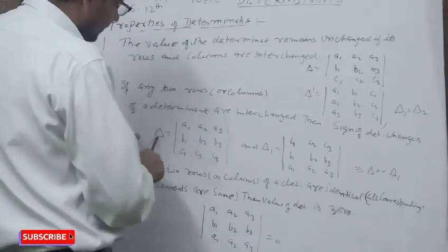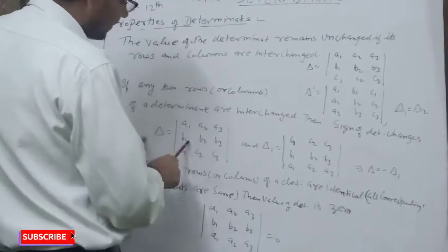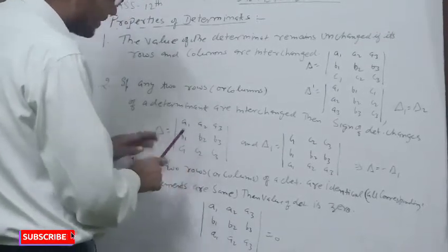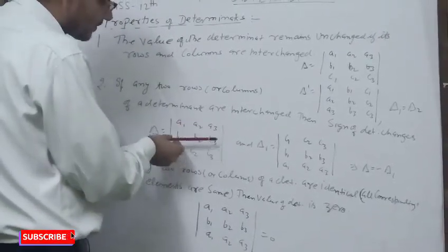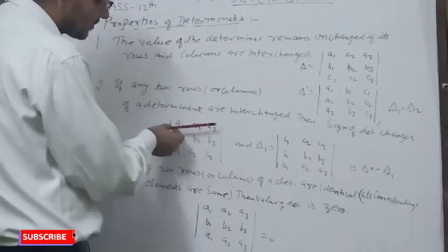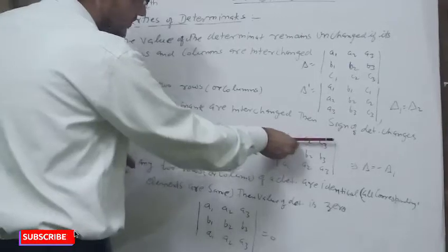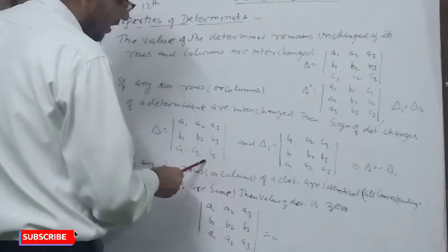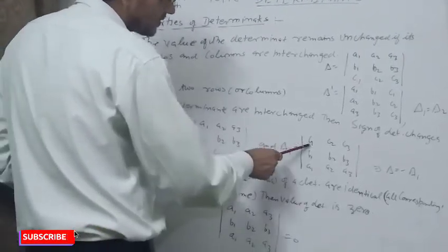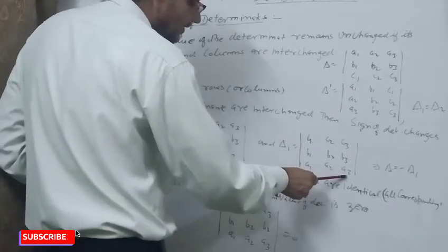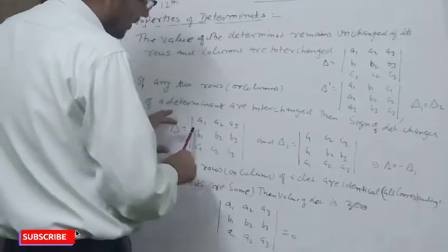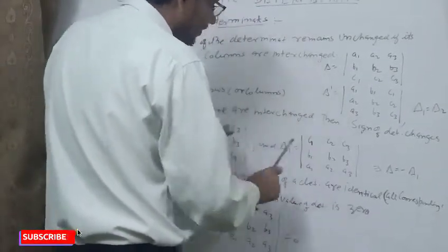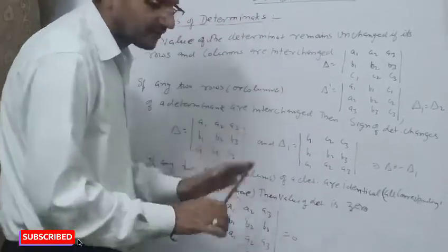That is, if we have a determinant A1, A2, A3, B1, B2, B3, C1, C2, C3, and we interchange two rows, R1 and R3, we get C1, C2, C3 and A1, A2, A3. Now if we find the value of this determinant and the value of this determinant, both values are the same but opposite in sign.